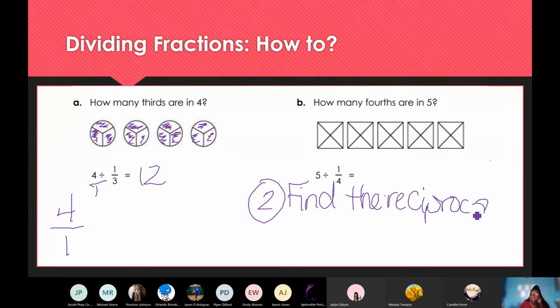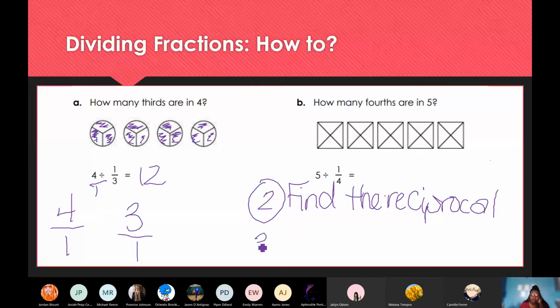In other words, what am I saying here, y'all? When I say find the reciprocal, what am I really saying? Flip the fraction. Flip that second fraction. So 1/3 now becomes 3/1.